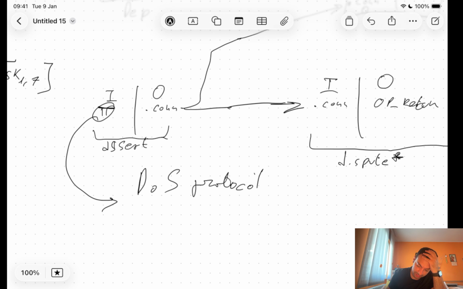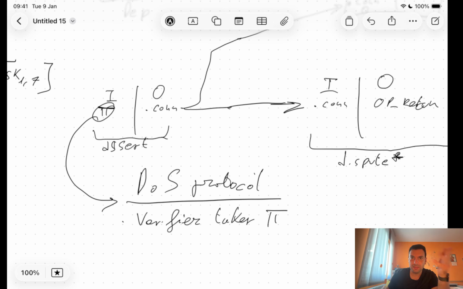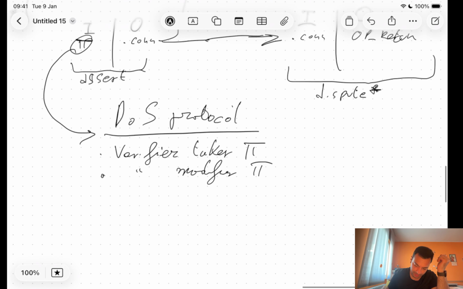The denial of service protocol basically says: the verifier takes pi, the proof, modifies pi, and obtains pi prime.